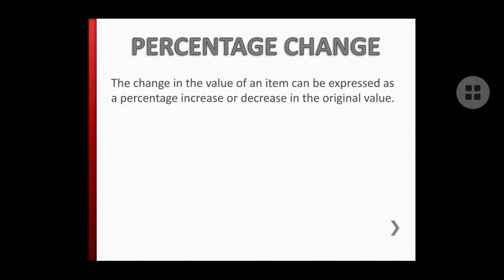Here we are going to learn about anything. It can be a change in cost of items or just a number. We are not stressing discount and tax. We are just learning about percentage change.